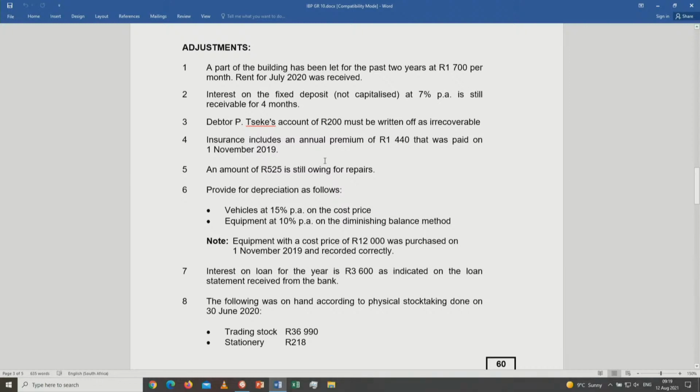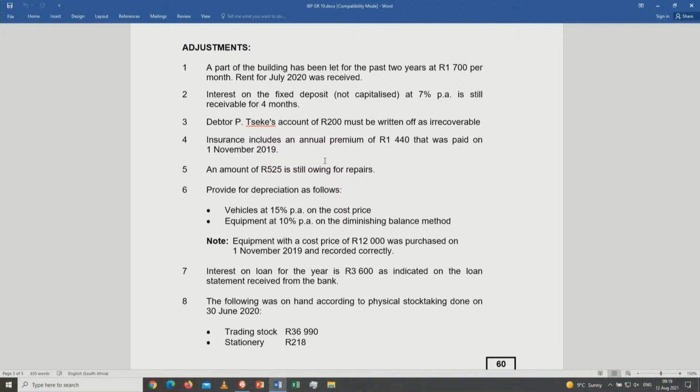It says there, insurance includes an annual premium of 1,440 that was paid on 1 November 2019. And annual means that 1,440 is paid for the whole year. But now look at the date on which it was paid, 1 November 2019.